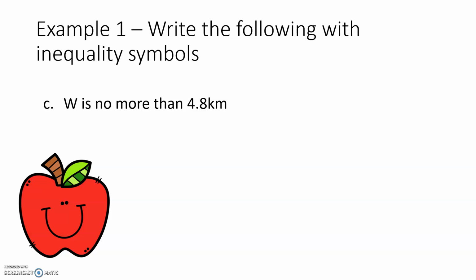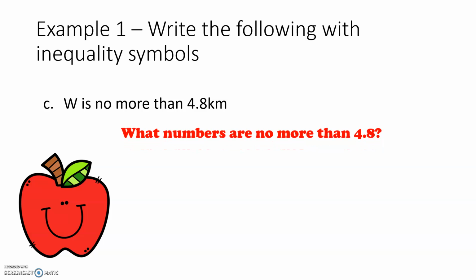W is no more than 4.8 kilometers. Now, you know what stands out to me? This expression, no more than 4.8. We really have to know what that means. So let's think about it. What numbers are no more than 4.8, which means they are not greater than 4.8? These numbers are really less than 4.8, I guess.